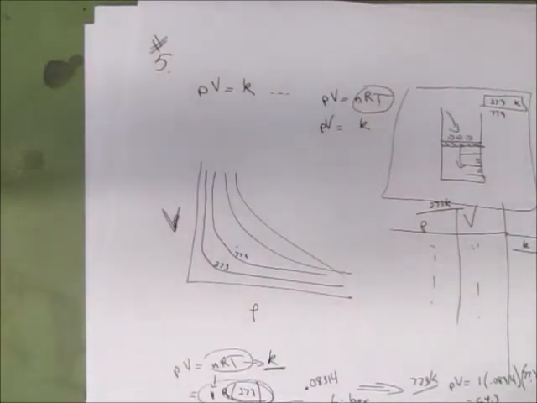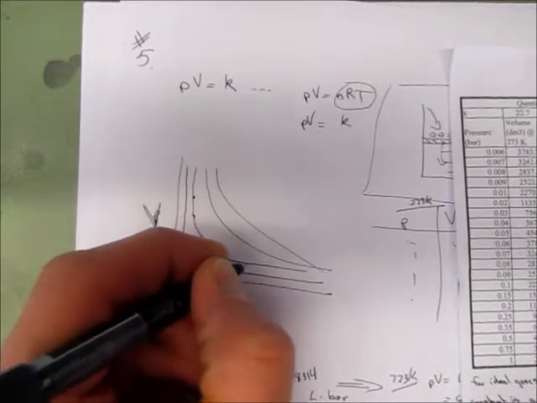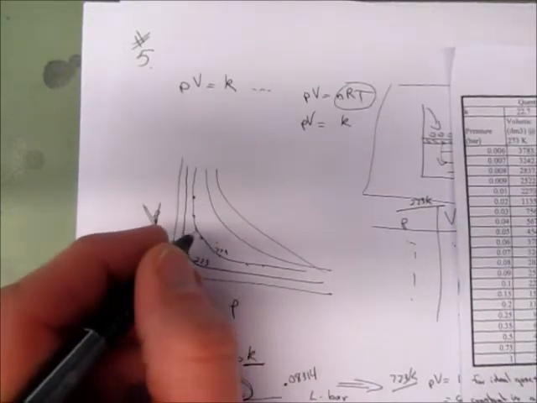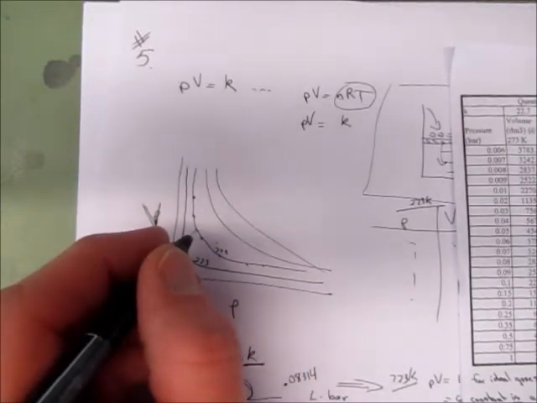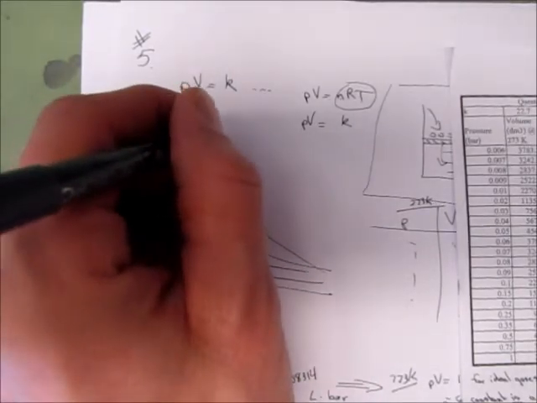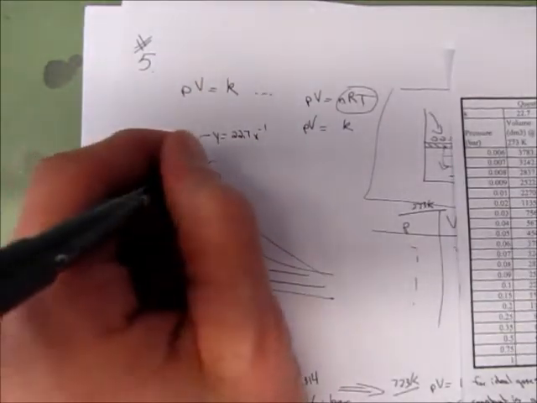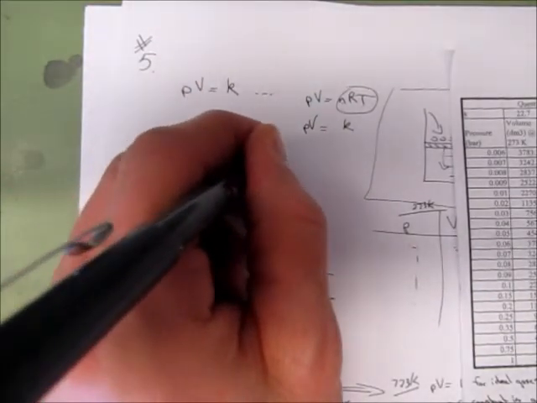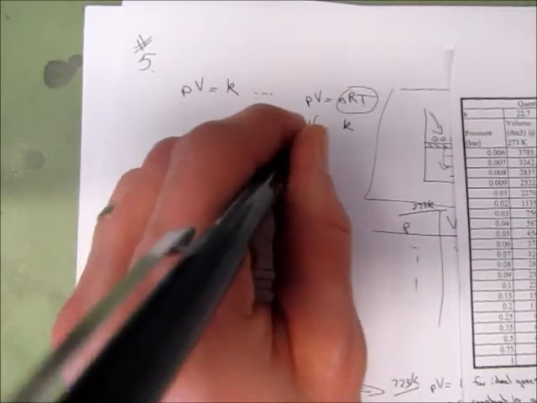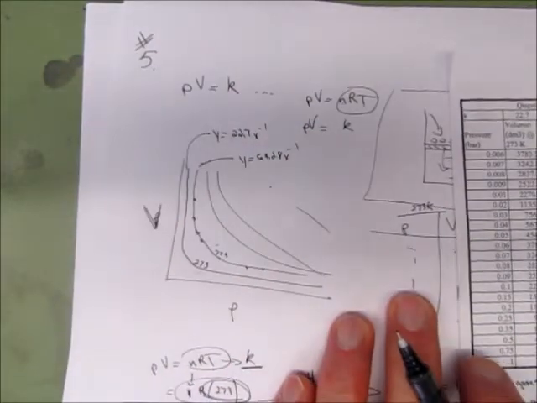In Excel, when you put your data points in, you can right click on this and fit it. For instance, your first one will be y equals 22.7 x to the negative 1. Your second one will be y equals 64.28 x to the minus 1, and so on. And it fits perfect. It looks basically like this.